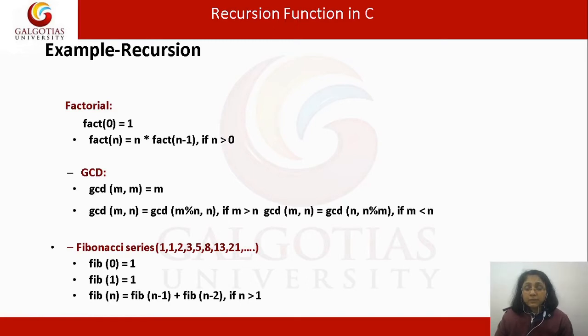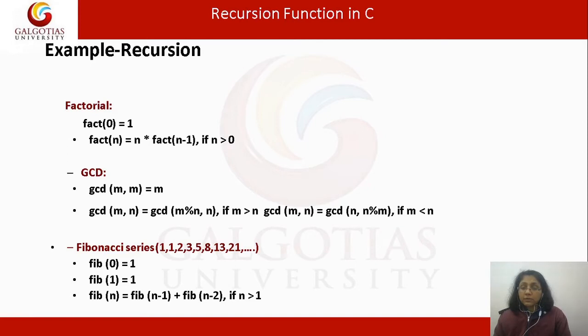In case of the Fibonacci series, there are two trivial problem sizes: one is when n equals 0, and one is when n equals 1. When n equals 0, it should be 0, and when n equals 1, it is 1. It depends on where you start.